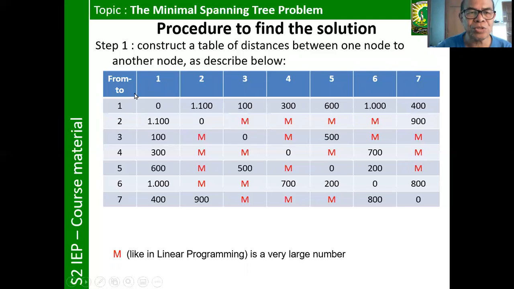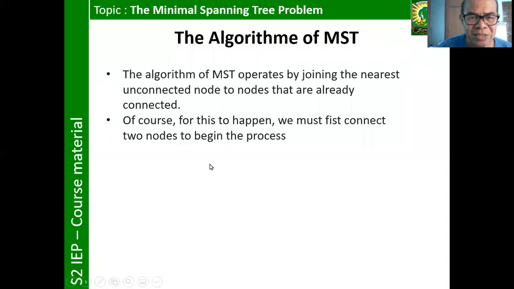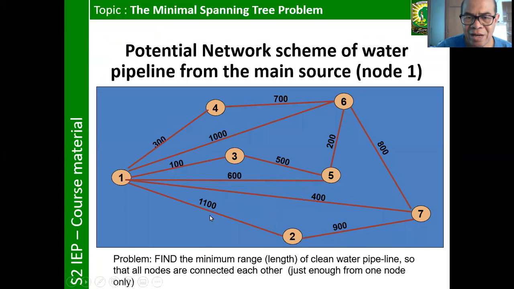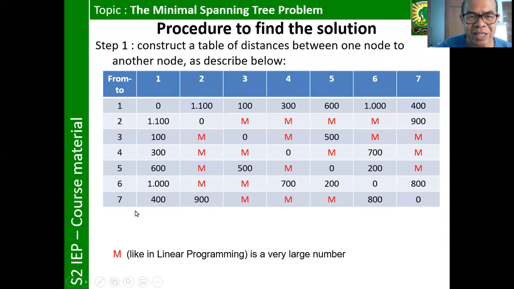First, we should construct a simple table, with 1 to 7 on the column and 1 to 7 on the row. Connecting node 1 to 1, of course, is 0. 2 to 2 is 0. All of these are 0. Then node 1 to 2, according to this network, we put on the table.